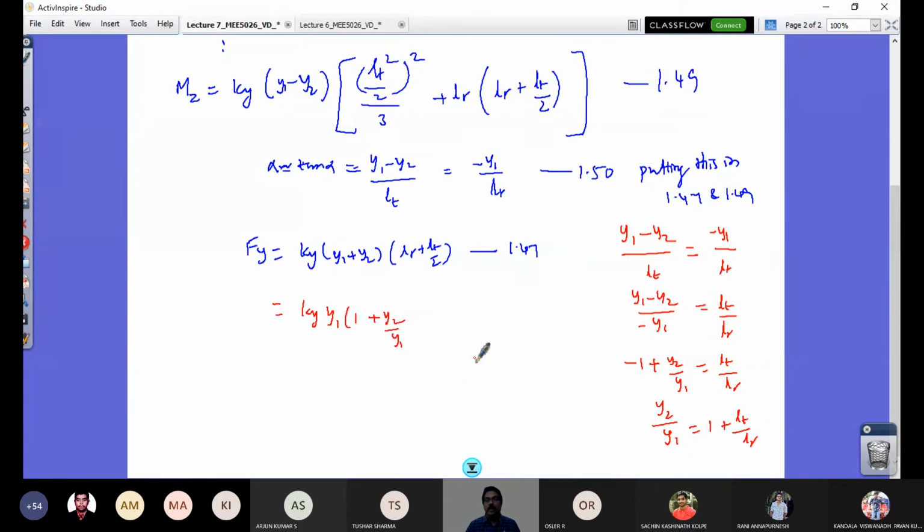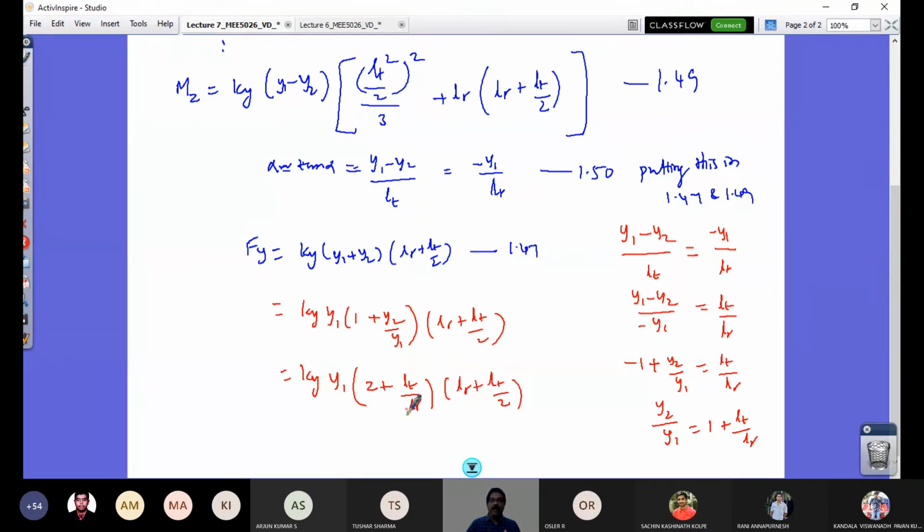I have y2 by y1, this I can substitute here. So this equation can be further reduced to ky times y1, and y2 by y1 is 1 plus this. So it is going to be 2 plus LT by LR, into LR plus LT by 2.